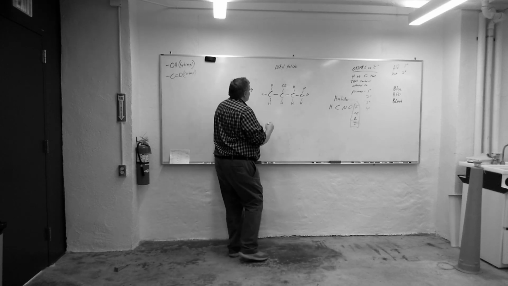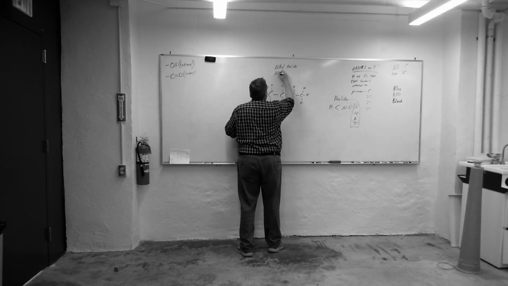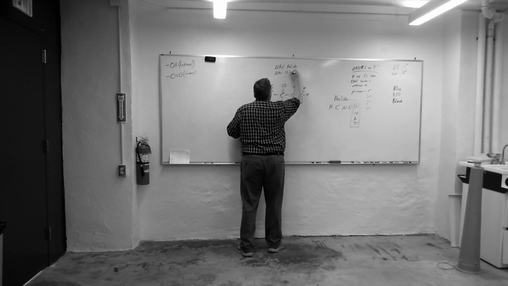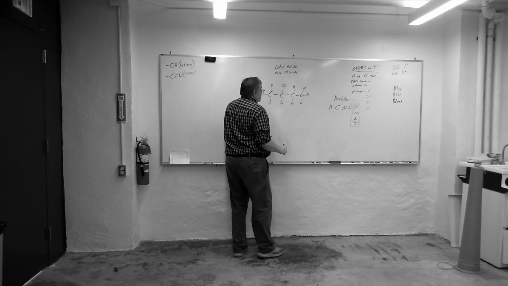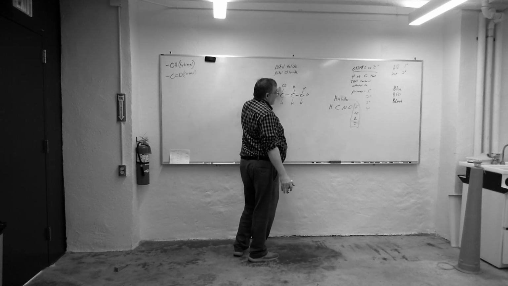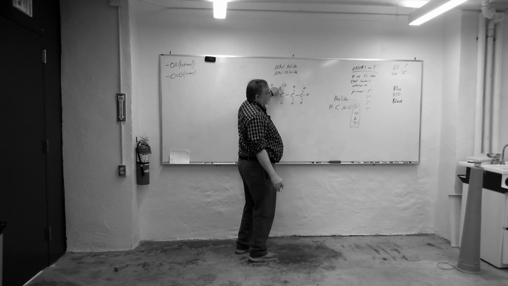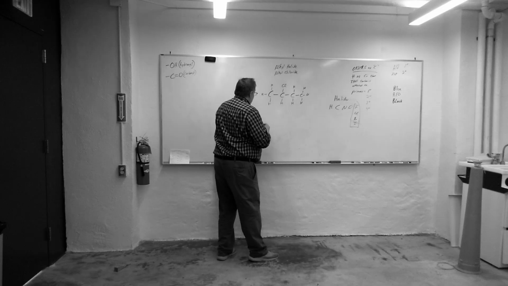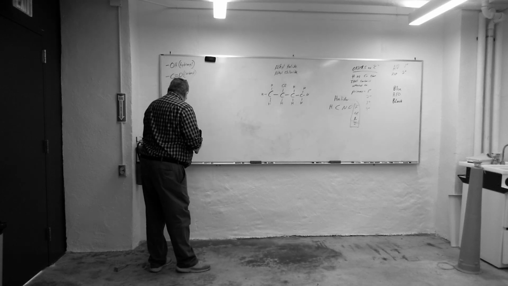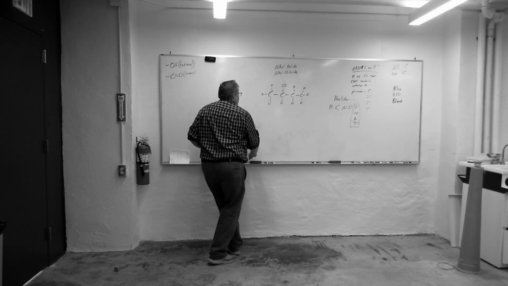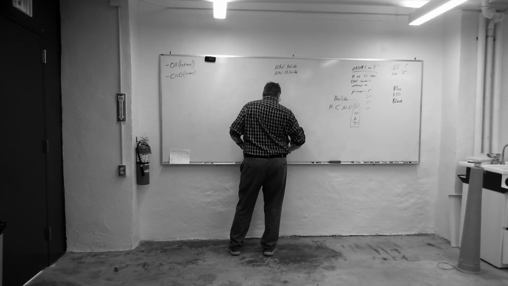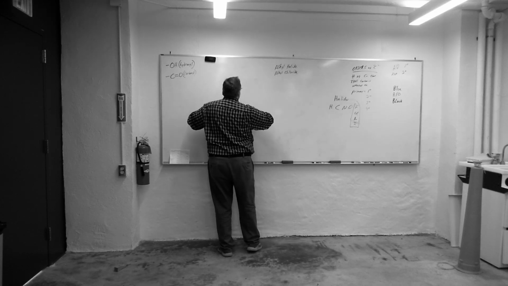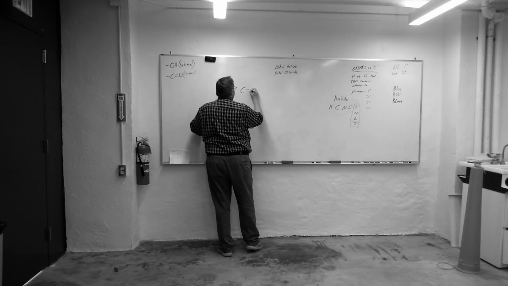More specifically, this is an alkyl chloride. If this was the Br, it'd be an alkyl bromide. If it was an F, it'd be an alkyl fluoride. All right, those are the functional groups.